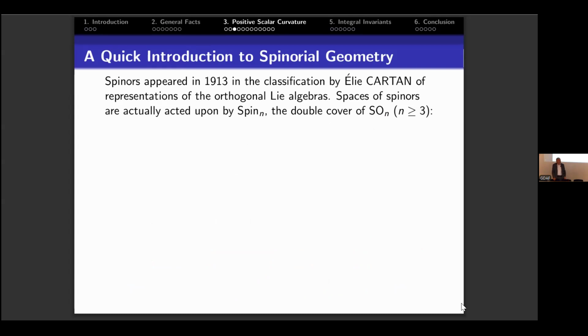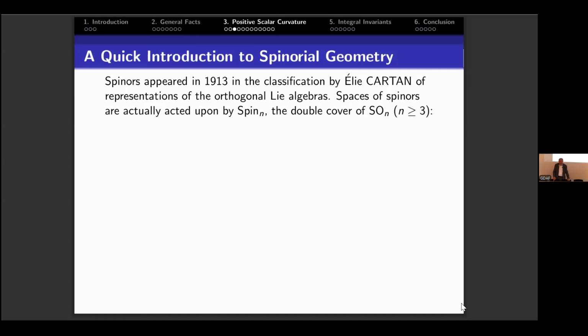Élie Cartan was doing a systematic classification of representations of the orthogonal Lie algebras. And then he noticed that besides all the ones that people think of, namely action on Rn or tensors on Rn, he found that there were some other unexpected representations, which were actually representations not only of SO(n), but actually coming from the double cover of SO(n).